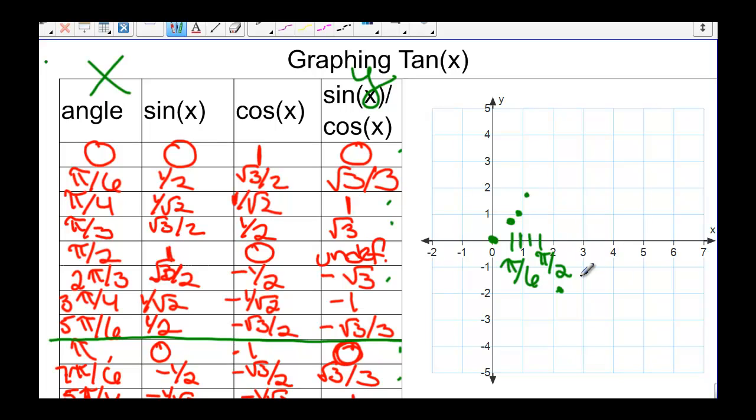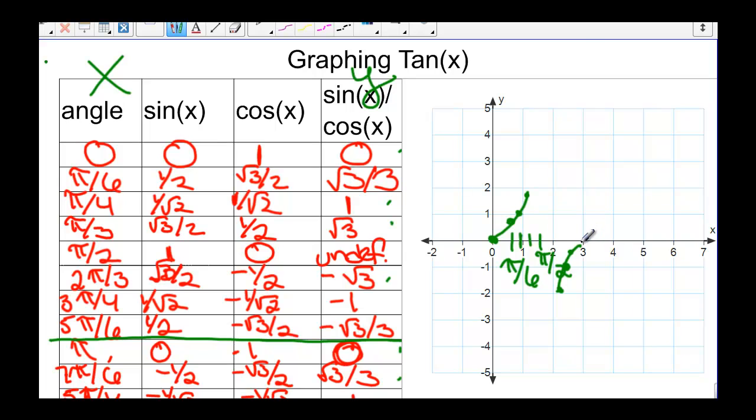At 3 pi over 4, we're at negative 1. And at 5 pi over 6, we're at negative square root of 3 over 3. So far we have this, and we know that we repeat after pi.